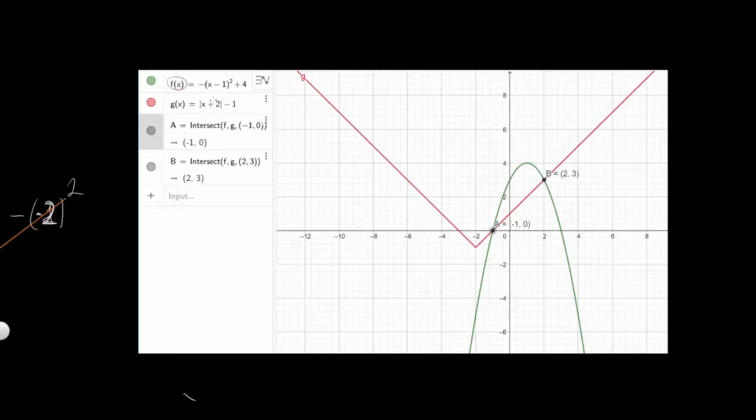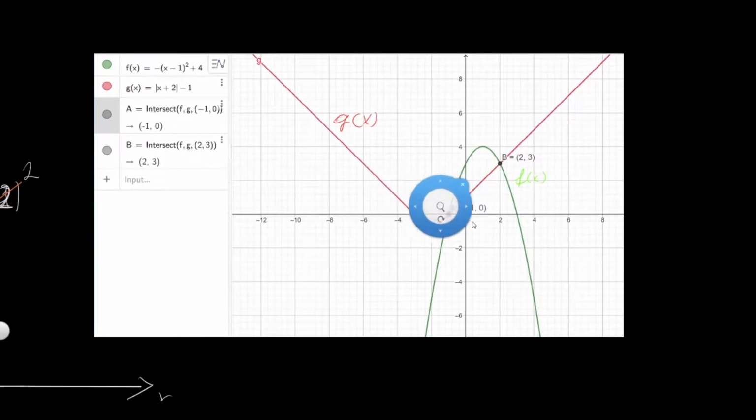And we have the f of x function, which is minus 1 times x minus 1 squared plus 4, which is green here. So that is the function f of x. The red one indicates g of x.